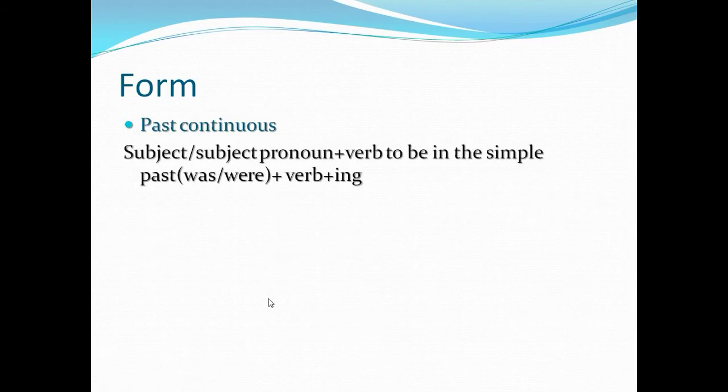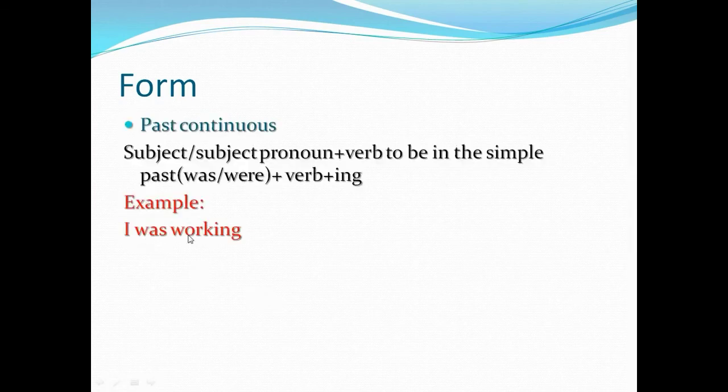Subject or subject pronoun plus verb to be in the simple past اللي هو was or were plus verb plus ing, and we add ing to the main verb. For example, I was working. لاحظوا هنا I was working. اوكي عندنا was. لاحظوا بأن was كنديروها في I, he, she and it. Were كنديروها في you and the other you, we and they.